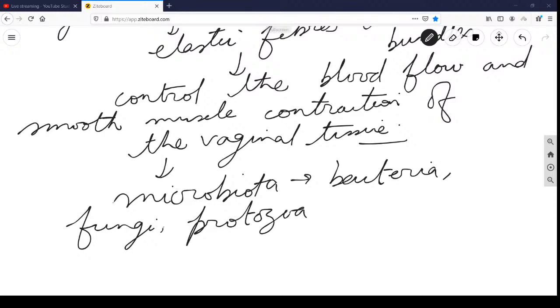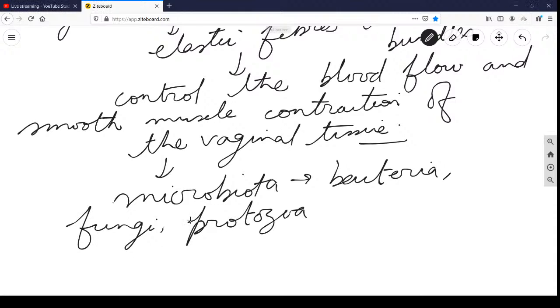As these cells die and are sloughed off into the vaginal cavity, they release this glycogen.